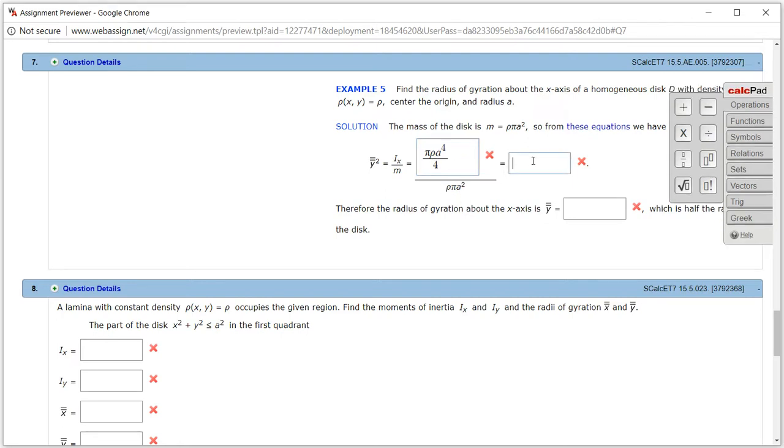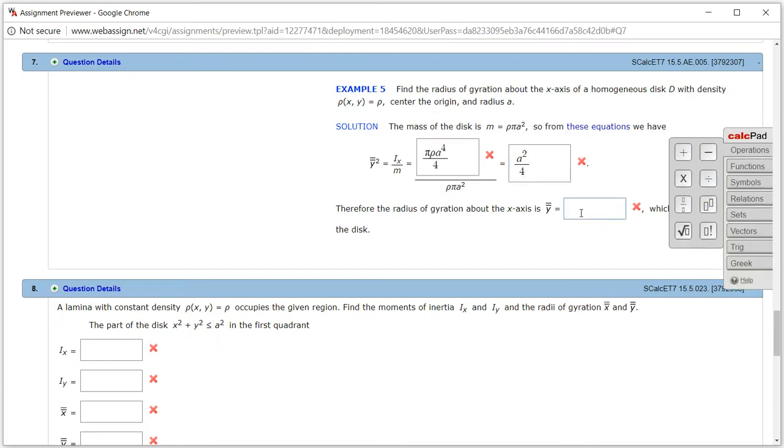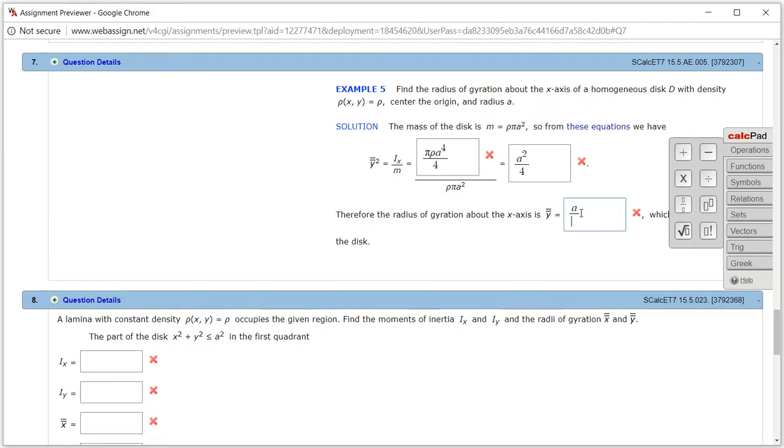So you end up with only a squared divided by 4. Since we're looking for y double bar, we have to take the square root of that. The square root of a squared is a, and the square root of 4 is 2. So we have a over 2.